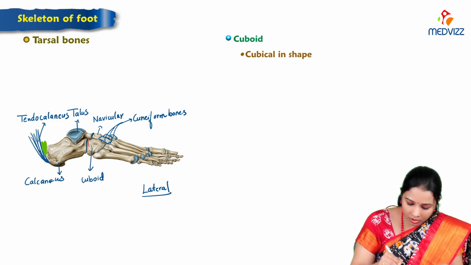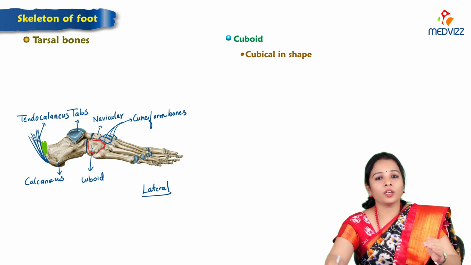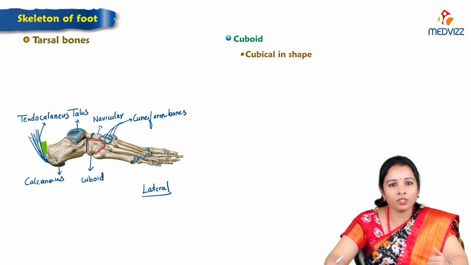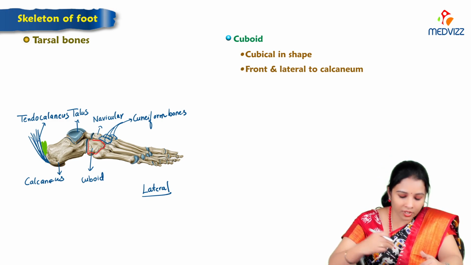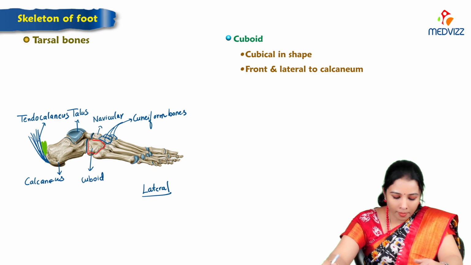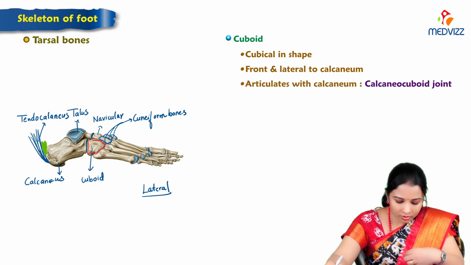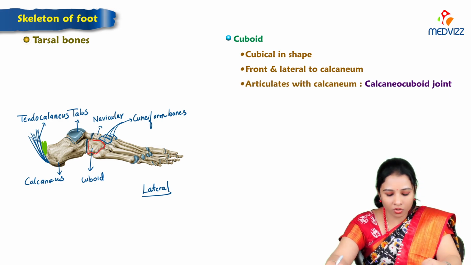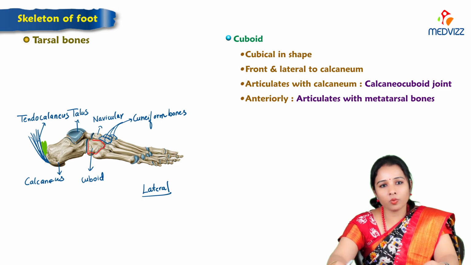So this is the large cuboid, which is in front and lateral to the calcaneum. So it is in front of the calcaneum, and it articulates with the calcaneum to form calcaneocuboid joint, and anteriorly it articulates with the metatarsal bones.